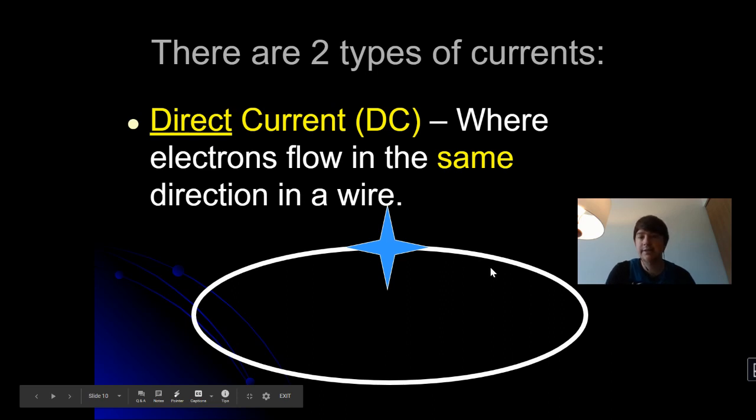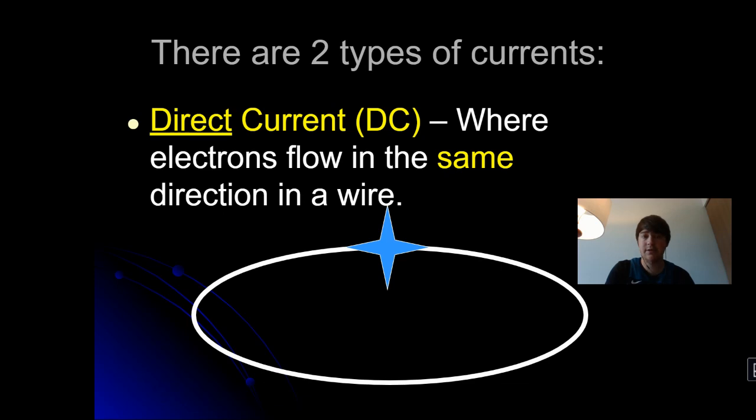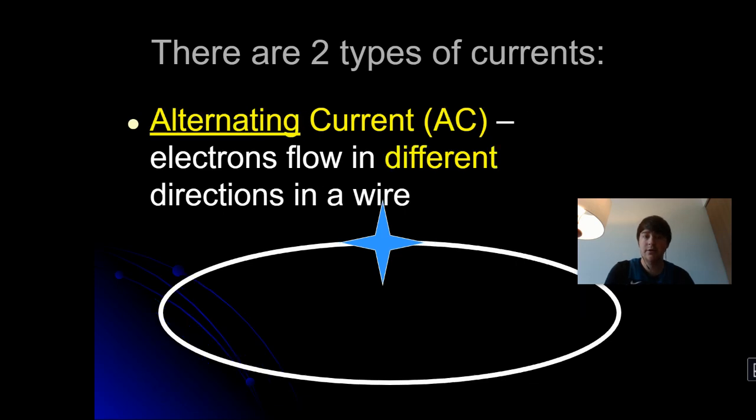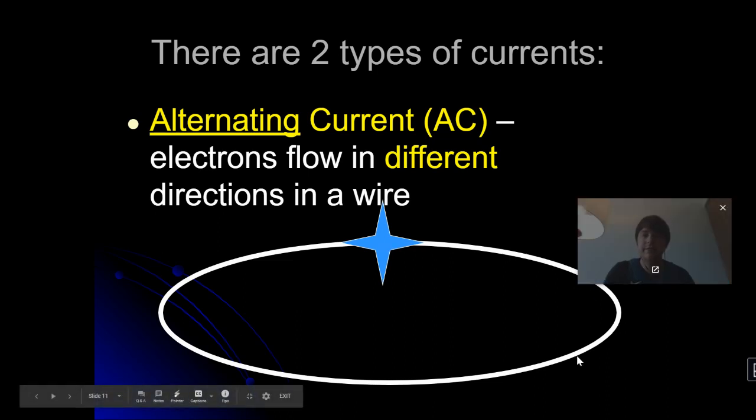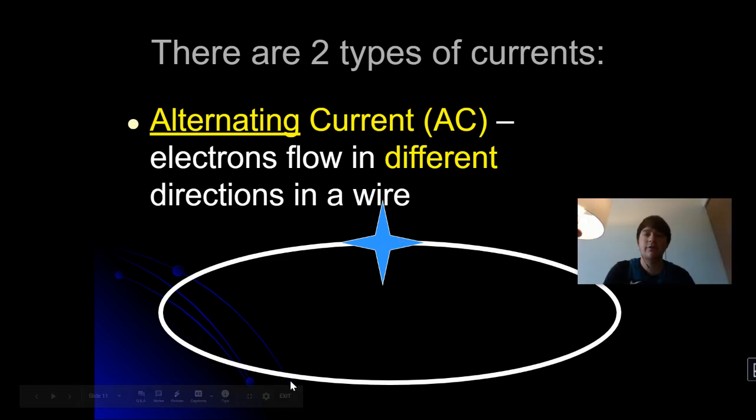Now, the other kind is going to be essentially the opposite of a direct current. Instead of flowing in the same direction, they're going to flow in different directions. So sometimes maybe the electrons are flowing this way, sometimes maybe they're flowing that way. We are going to have alternating current. A good example of this would be a water pump.